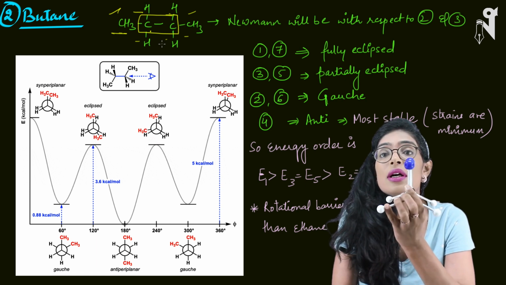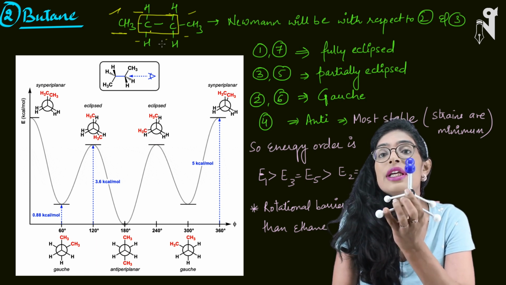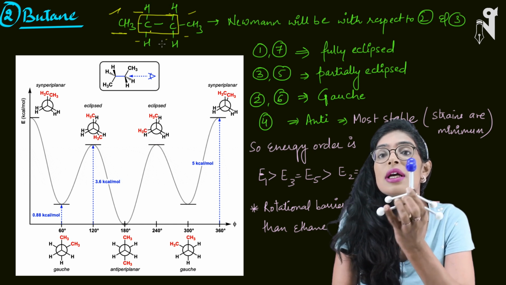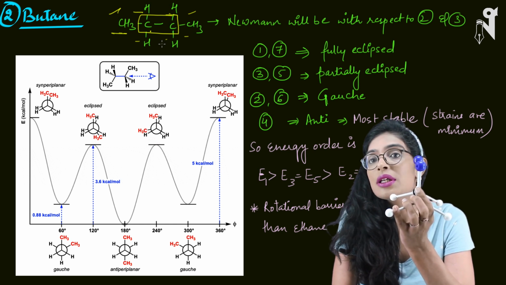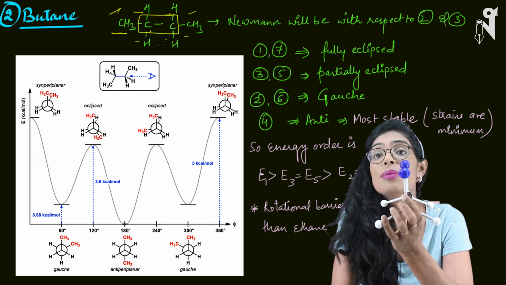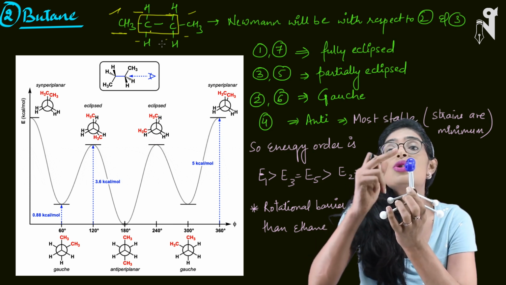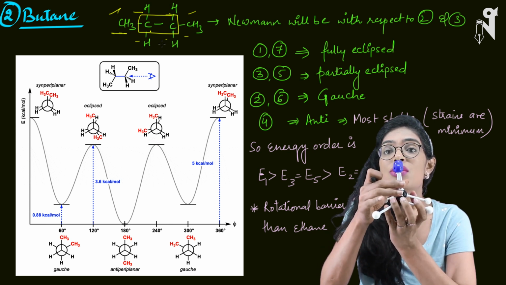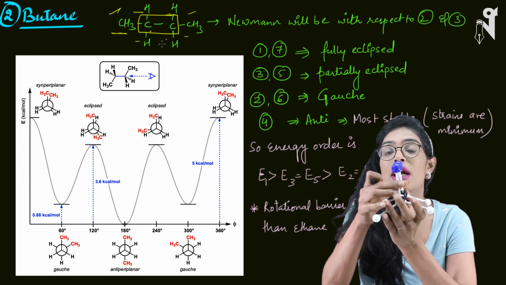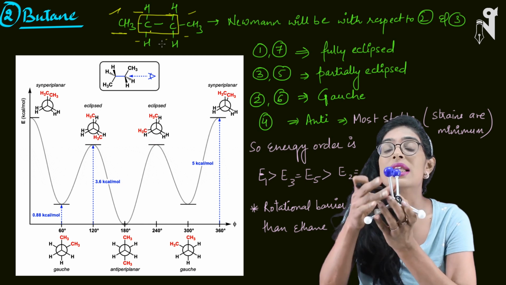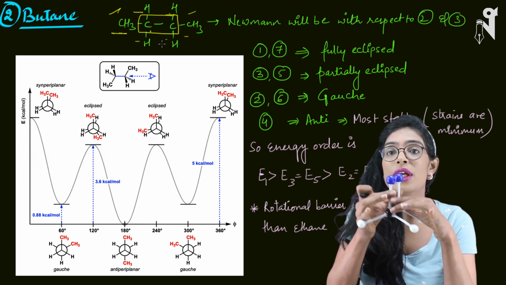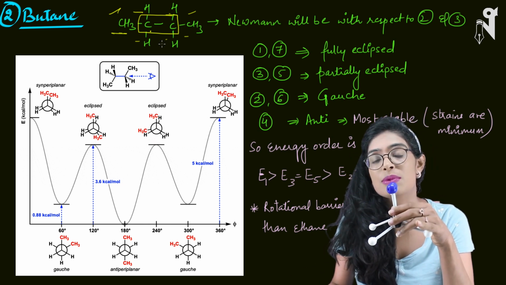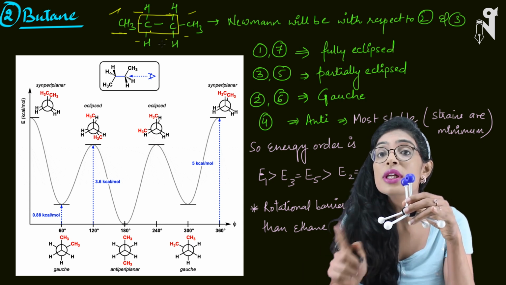That's how exactly this structure is. When the same type of groups are completely covering each other, I told you this is called eclipsed in the case of ethane. But in butane, because the groups are different, we call this kind of structure, where CH3 is covering CH3, hydrogen is covering hydrogen, and hydrogen is covering hydrogen, fully eclipsed. Not only eclipsed, it is called fully eclipsed.